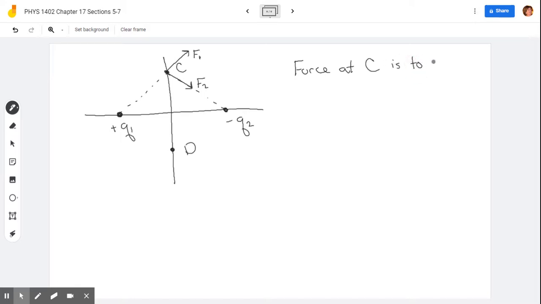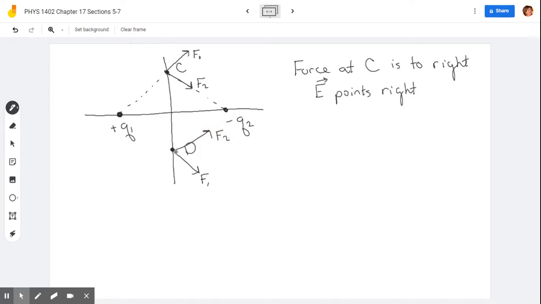is to the right. What does that tell me? That tells me that the electric field points right at point C. If we come down here to point D, again, a charge here will feel a force this way due to Q1. It'll be repulsed, but it will feel a force this way due to Q2.